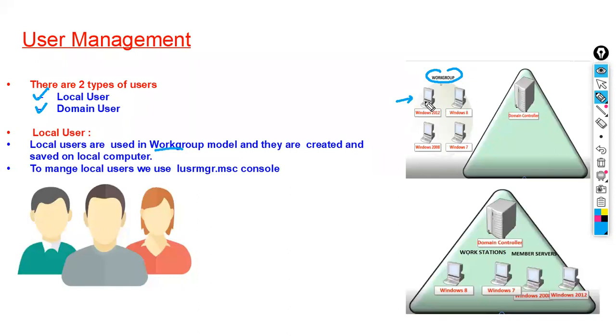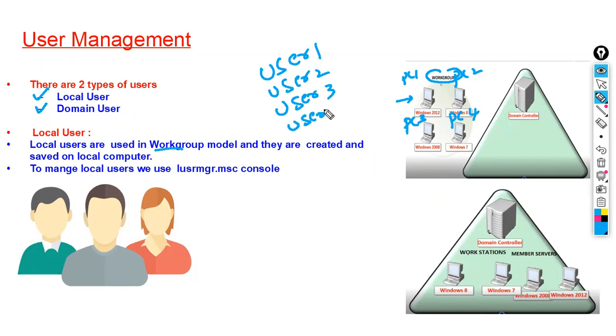So in this example, we have 4 computers. Okay, let us say PC1, PC2, PC3, and PC4, and we have 4 users: user 1, user 2, user 3, and user 4. So if user 1 wants to access PC1, you need to create the username and password for user 1 on this local computer.